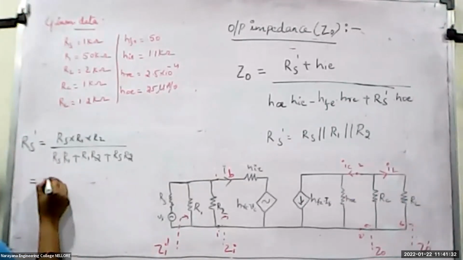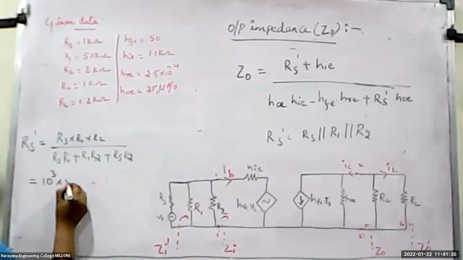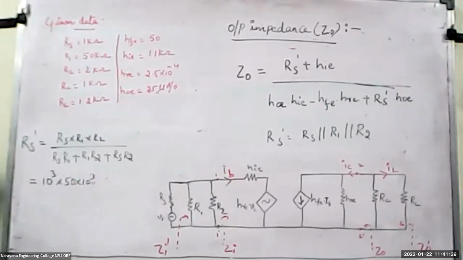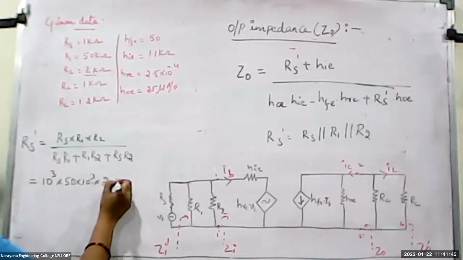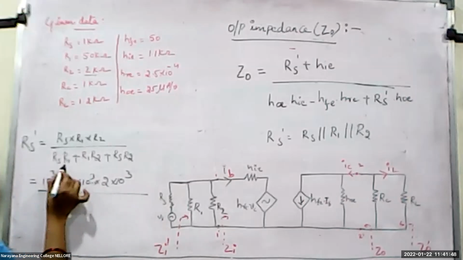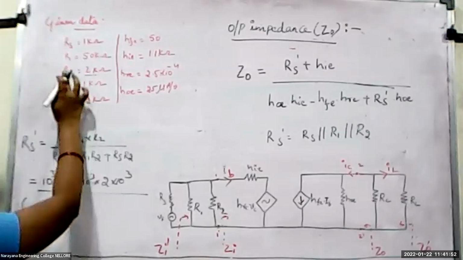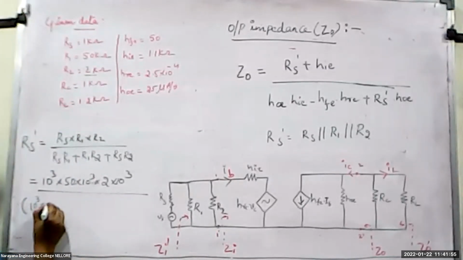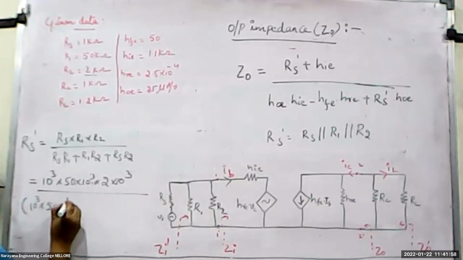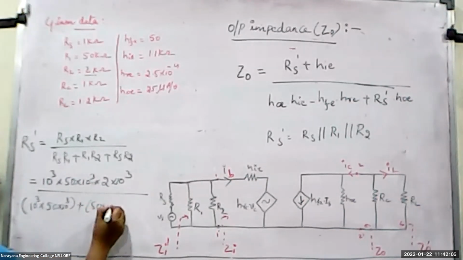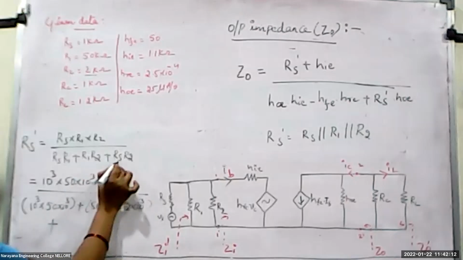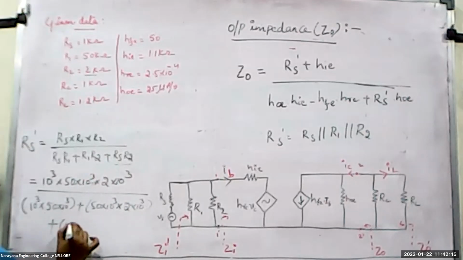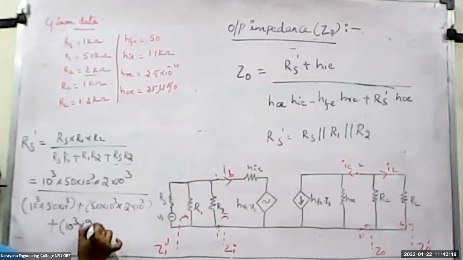RS value as 10 to the power of 3, R1 is 50 kilo ohms, that is 50 into 10 to the power of 3, R2 is 2 kilo ohms, 2 into 10 to the power of 3, divided by RS into R1, plus R1 R2, plus RS into R2. RS is 1 kilo ohm, R2 is 2 kilo ohms.